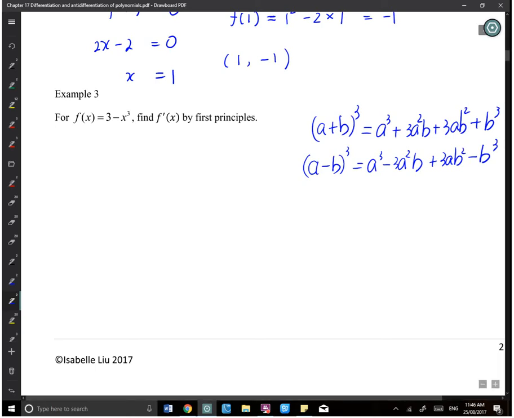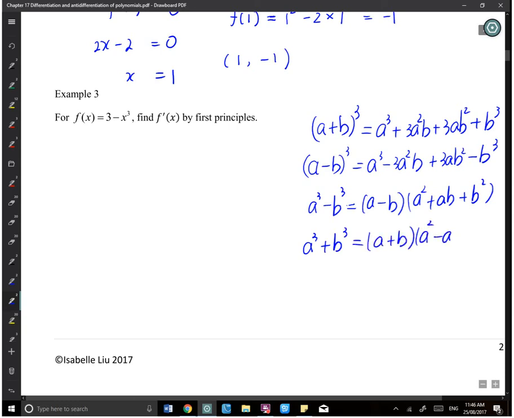Okay, another thing you may want to know is the difference of cubes. A cubed minus b cubed is (a minus b)(a squared plus ab plus b squared). And a cubed plus b cubed is (a plus b)(a squared minus ab plus b squared).